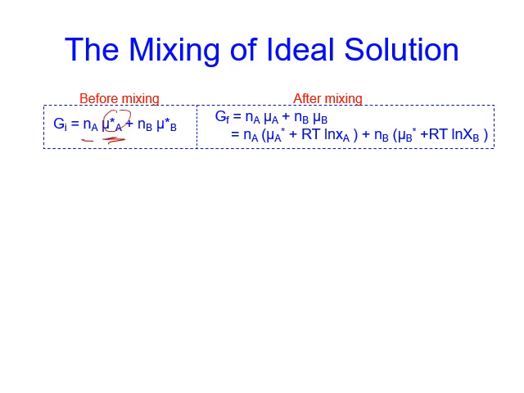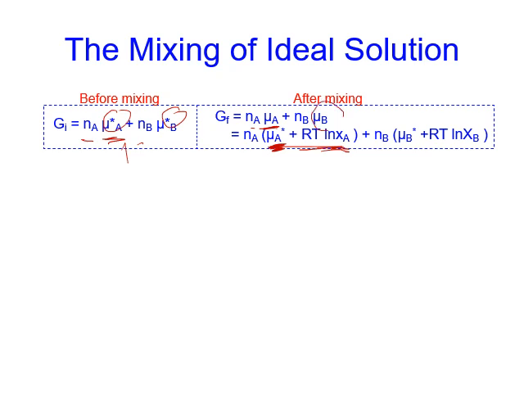Star means pure, so pure A, pure B chemical potential, that's before mixing. After mixing, we use the number of moles times mu A. Mu A is not pure, so we reference the standard state of pure A, but then you need to add RT ln XA. So that's a correction. That's the equation we derived from the last slide.